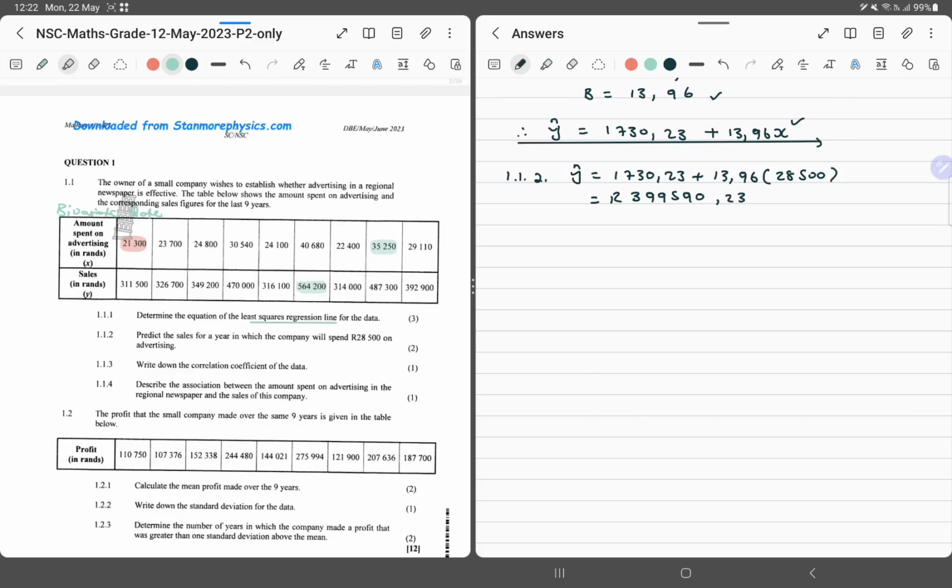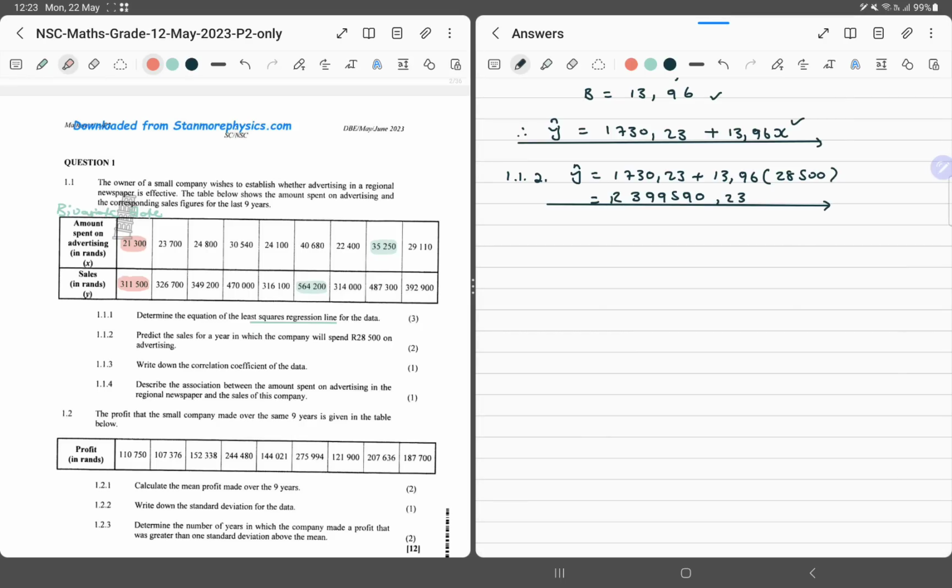And then the smallest value looked to be 311. Okay, so that is the story.